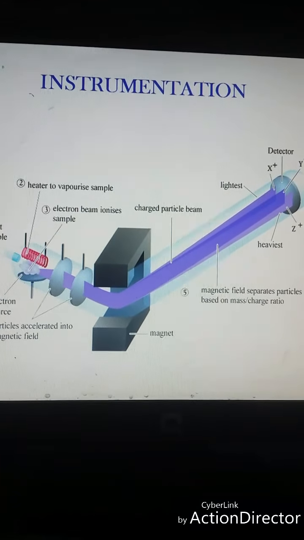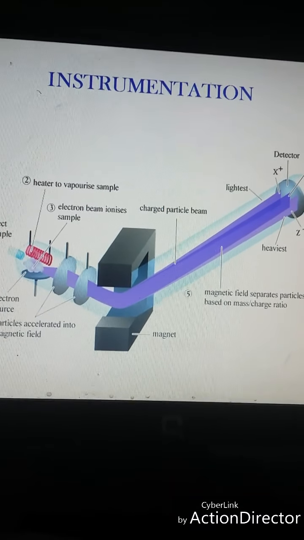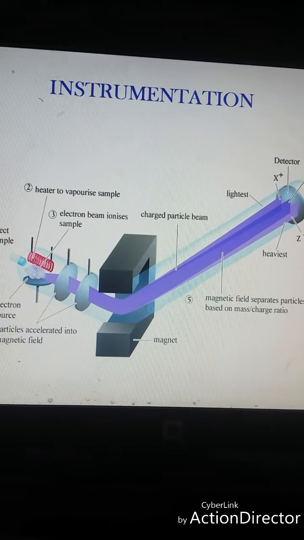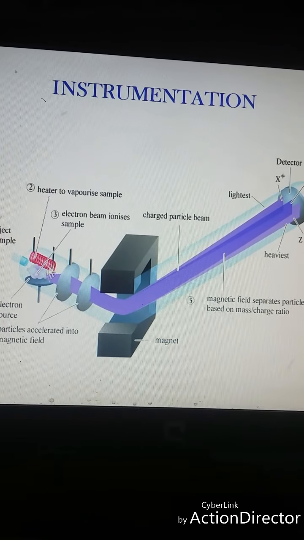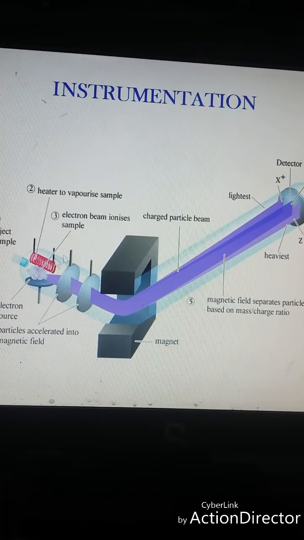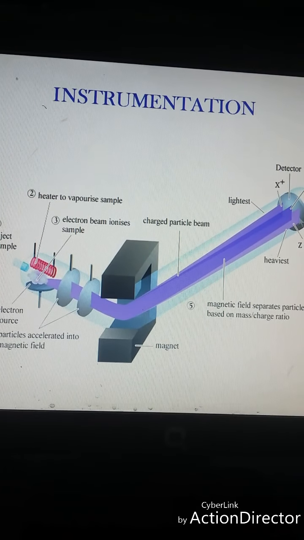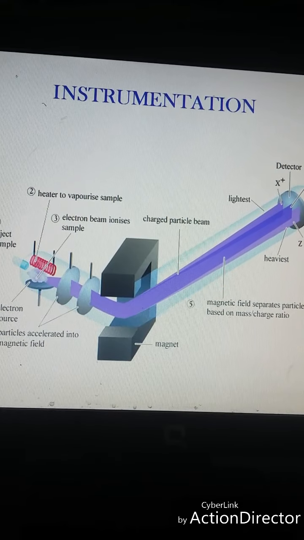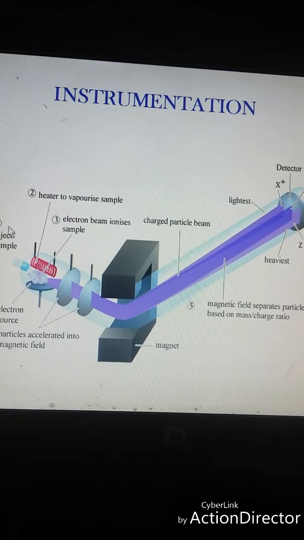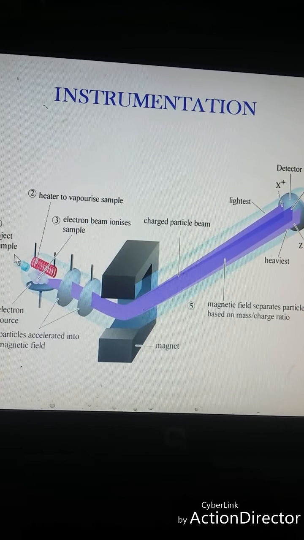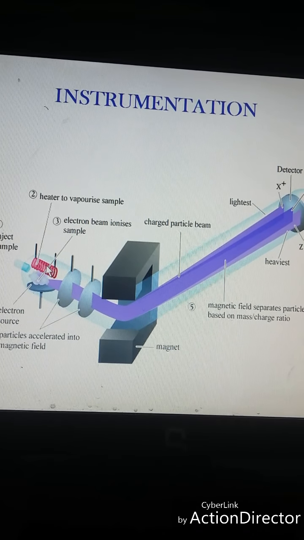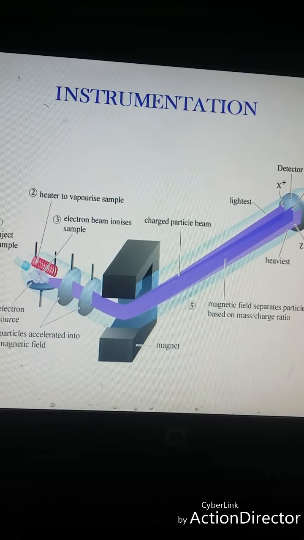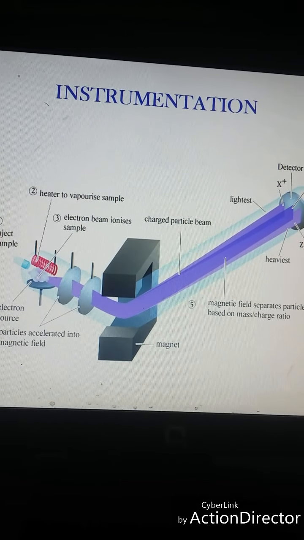This is the instrumentation, which consists of the inlet system, then the molecular leak, the ionization chamber, the mass analyzer, and then the detector and the recorder. The sample which is injected initially is in the liquid state, but once it enters the molecular leak, a heater vaporizes the sample, so it produces a steady state of vapor.